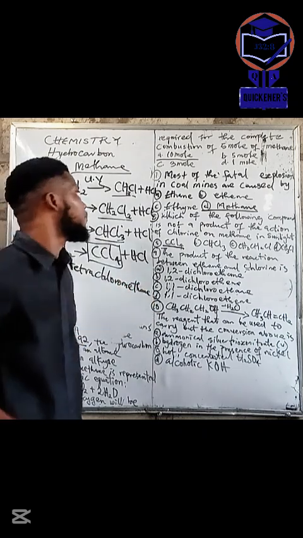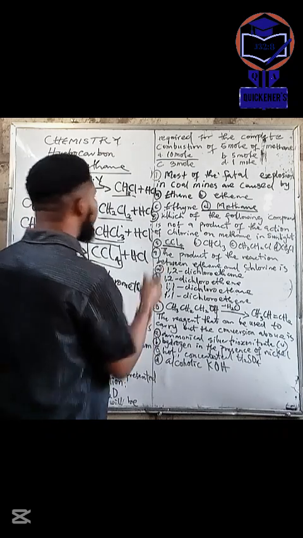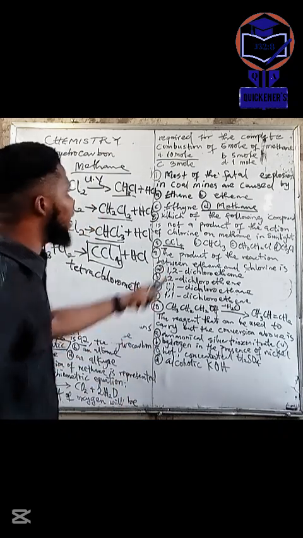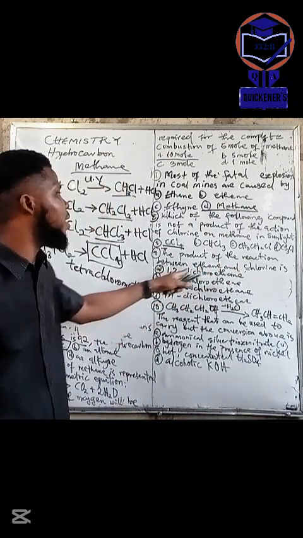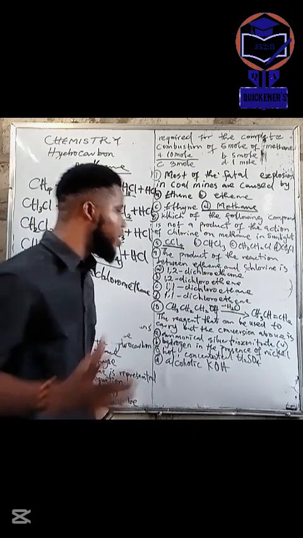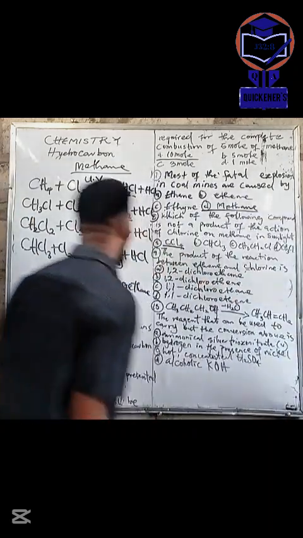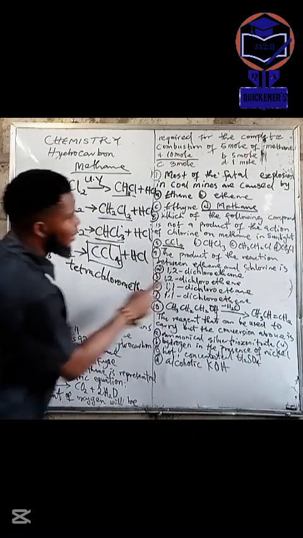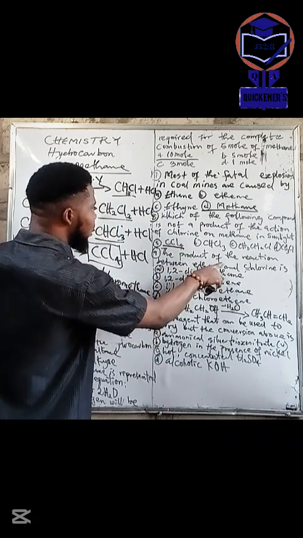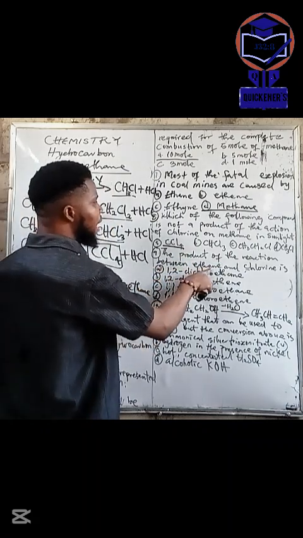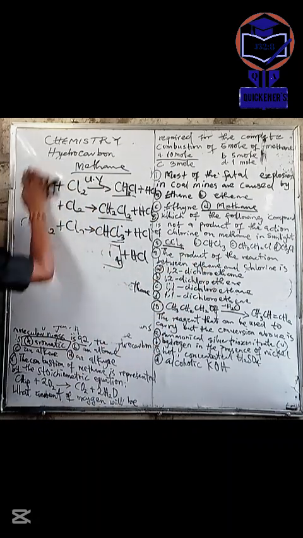Okay, so now let's go to the next one. The product of the reaction between ethane and chlorine, so what will be the product of the reaction between ethene and chlorine?